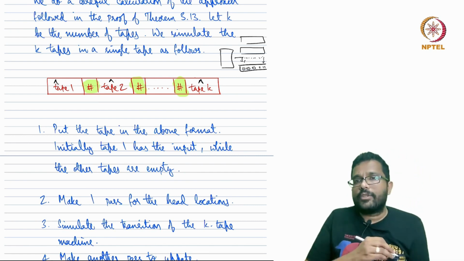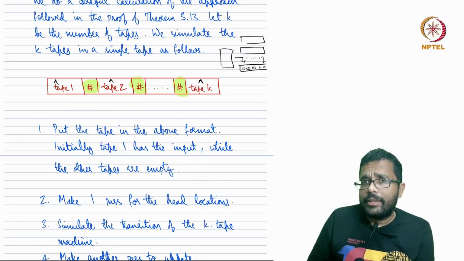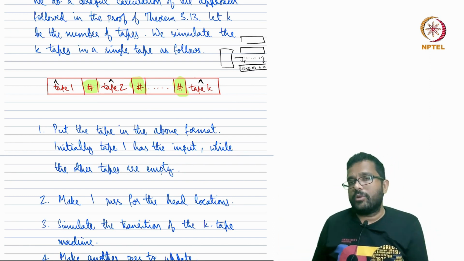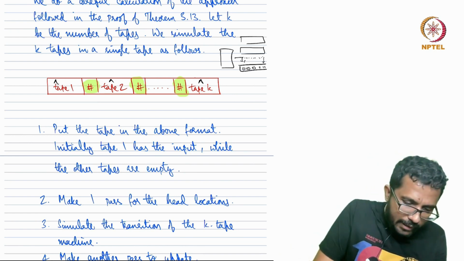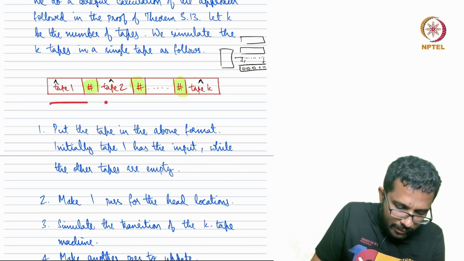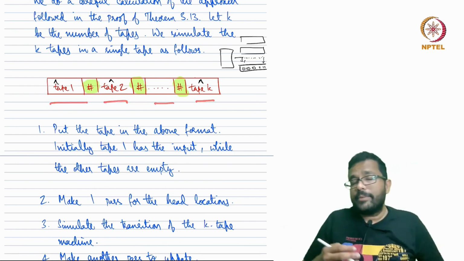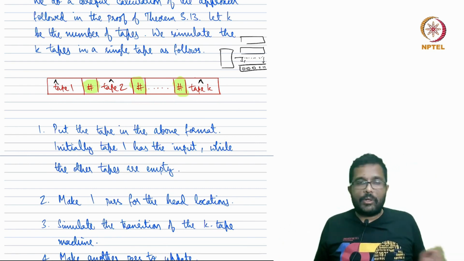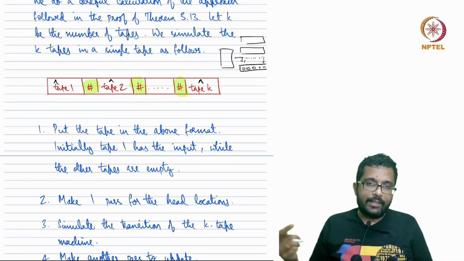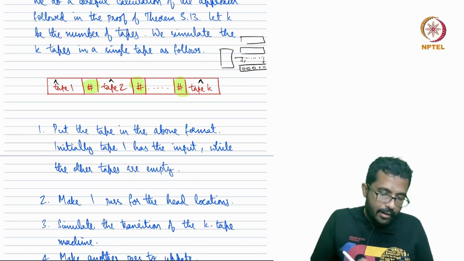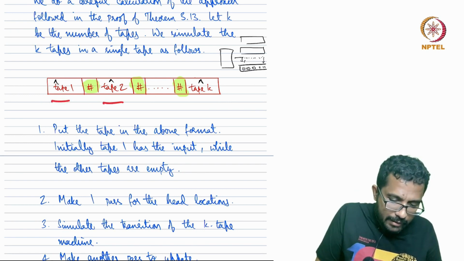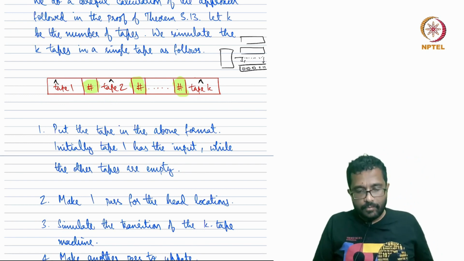But it cannot do any more than that. In t steps it can only move t steps. So each of these virtual tapes can be up to t(n) long in the worst case. It may not even be that much, because if it moves left, then it's not going to fill up t. But the worst case is t. Each of these tapes can be t cells long.